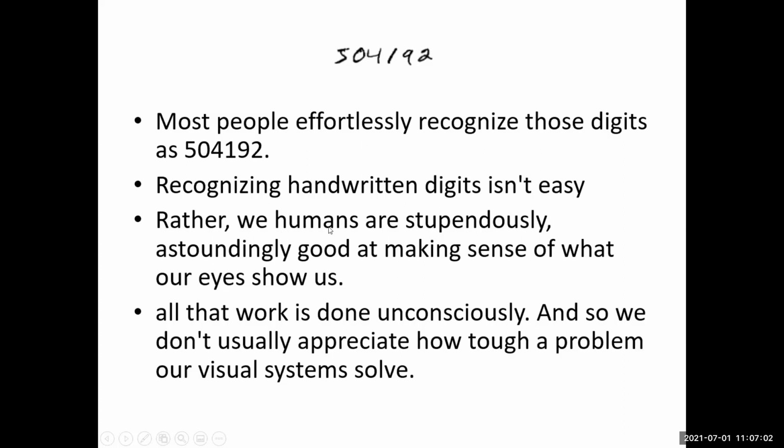It's just that we humans are stupendously, astoundingly good at making sense of what our eyes show us. We have an amazing capacity in our brains. All that work is done unconsciously, so we don't usually appreciate how tough a problem our visual systems solve.